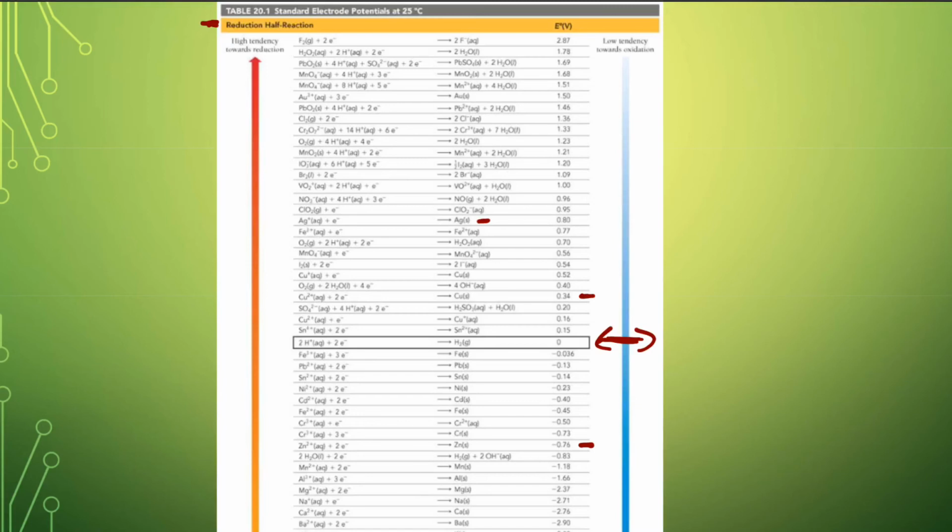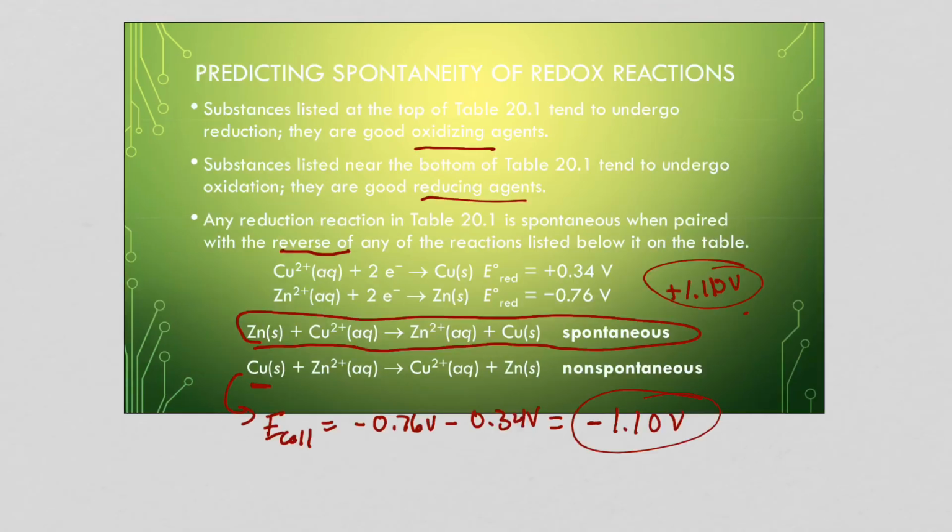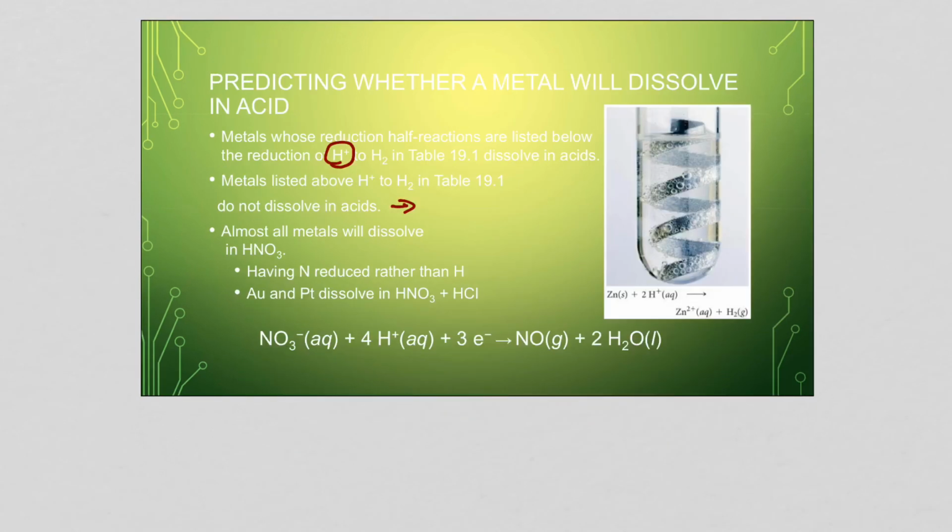Now, not all acids are quite the same. Nitric acid is special. If you remember back to Chem 1, we saw the reaction where copper did not react with hydrochloric acid, but it did react with nitric acid, because in this case, the hydrogen isn't being reduced, but the nitrogen is being reduced.